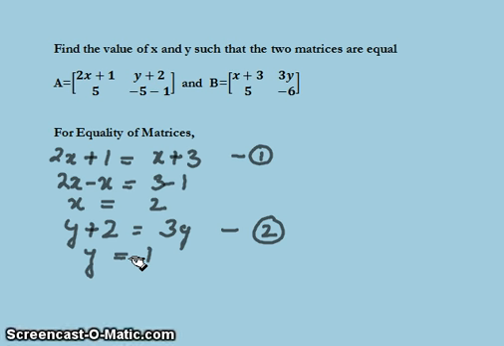Now putting the values of x equal to 2 and y equal to 1 in matrices A and B, we can have the values of matrices A and B equal to each other. Thus, for A and B to be equal, the value of x must be 2 and the value of y must be equal to 1. With this, we conclude the first segment on matrices.